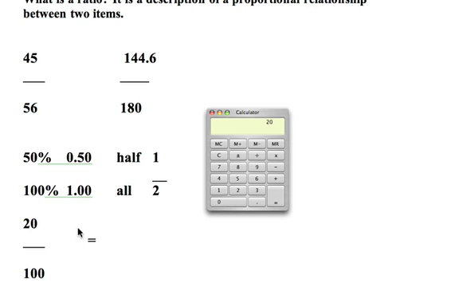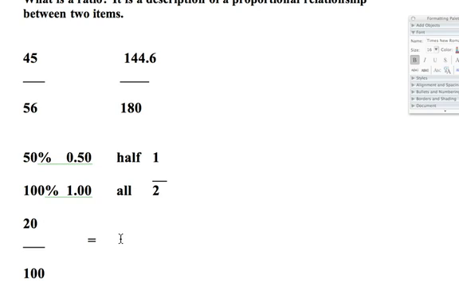Whenever you have that line, it means this has to be divided into the top number. You would divide your 20 by 100, and you would get 0.20, which is the decimal representation of 20%. Remember here, 0.50 was 50%, and 0.20 is 20%. It's really as simple as that.